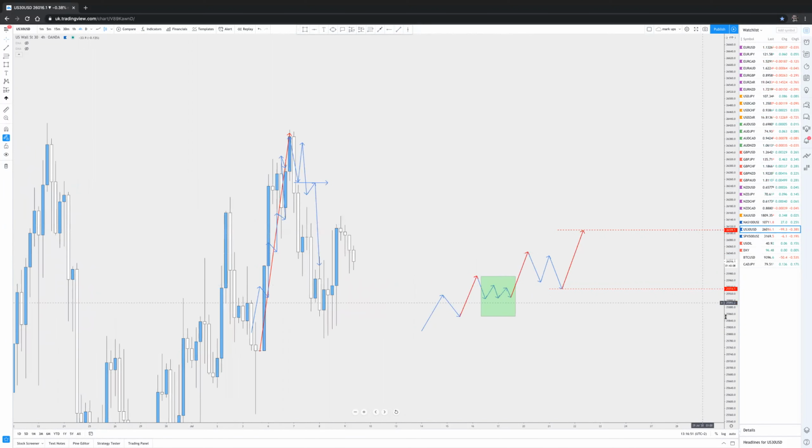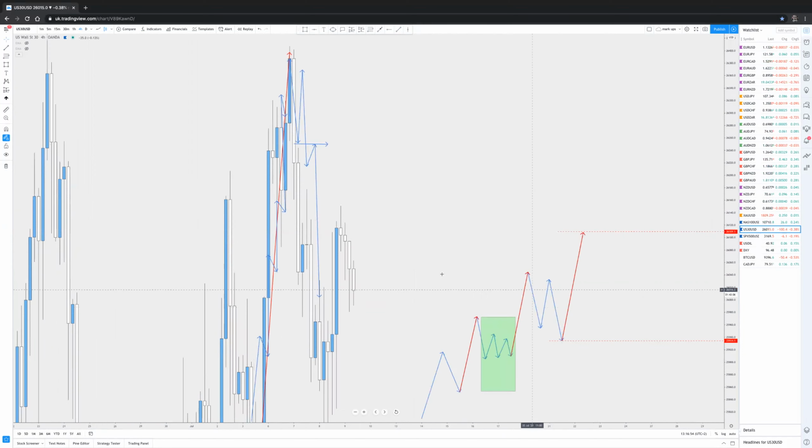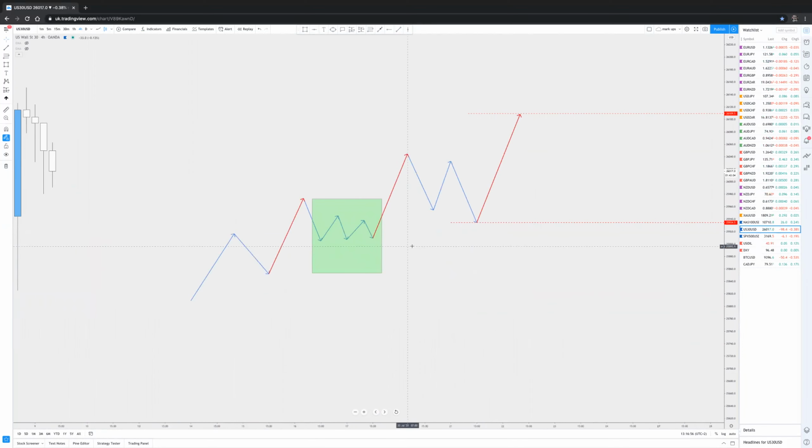Now, we should be very familiar with structure at this point, but this is so that you do not get faked out. If we look back at this impulse over here, let me take off this one. When we look at this impulse, you can see that you wouldn't get faked out thinking that was a break of structure. It was simply price having to dip much lower to reach into an area.